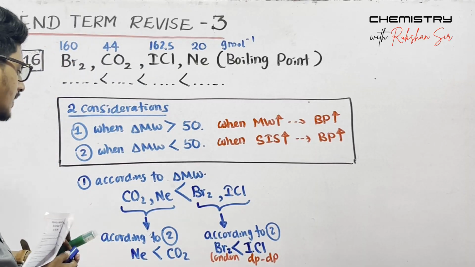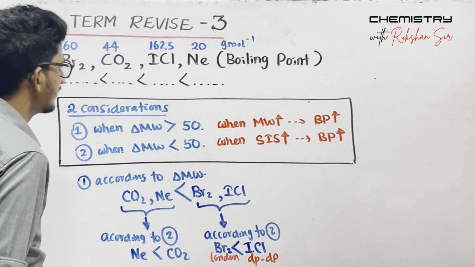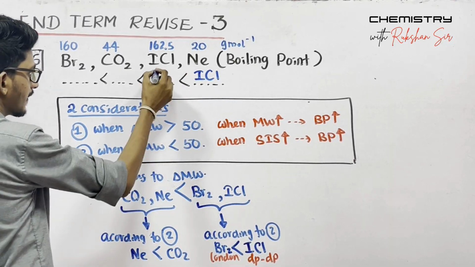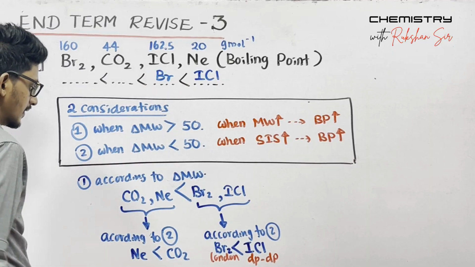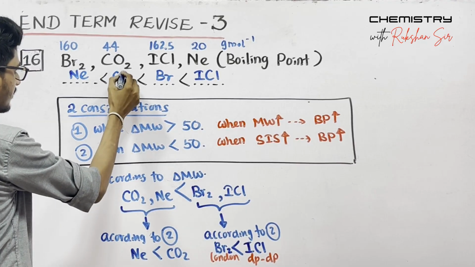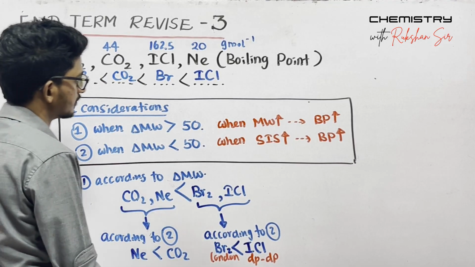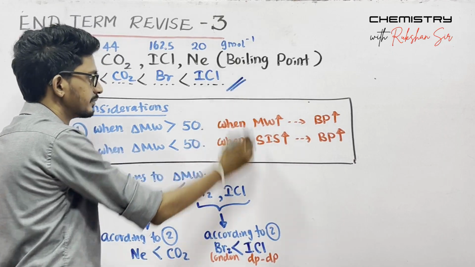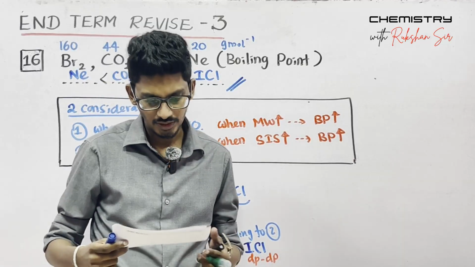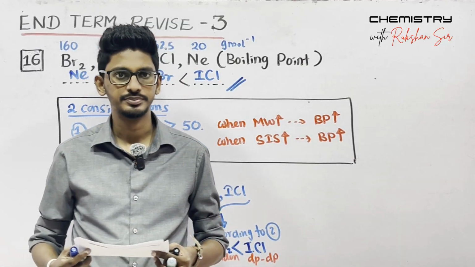So finally, we can come up with the answer. ICl has the greatest boiling point, Br2 next, the smallest is neon, and CO2 is greater than neon. So this is the answer. That is the review for question number 16.